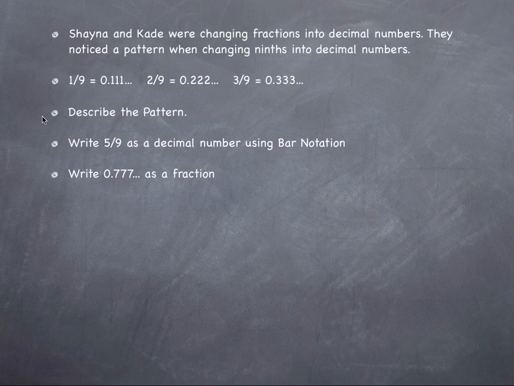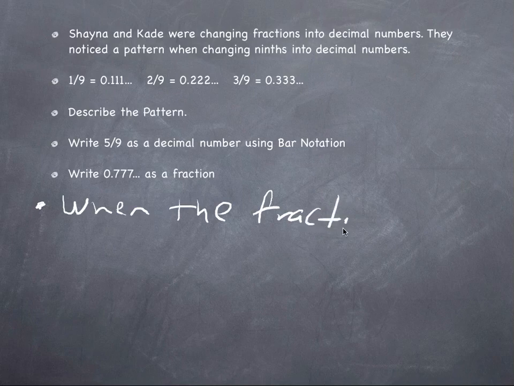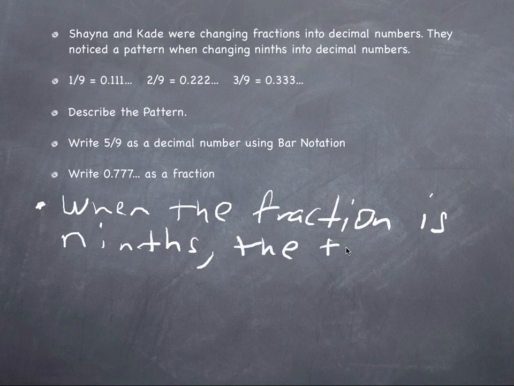So what could we say for a pattern? Well, let's say for the first one here, describe the pattern. We could say something like, when the fraction, oh, let's make that an O, not a U. The fraction is 9ths, then the top number, and if you want to be fancy, we can call it the numerator, the top number is the repeating decimal.